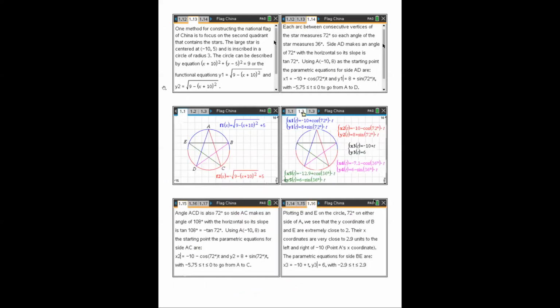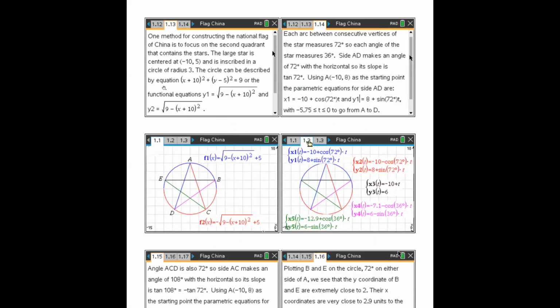Okay, great. So terrific. If we take a look at the 2 middle slides with the stars, they're both the same graphs. In the first slide, we have the description of the circles, and in the second one, we have the parametric descriptions of the 5 sides of the star.